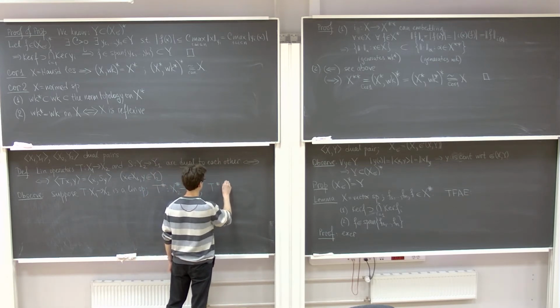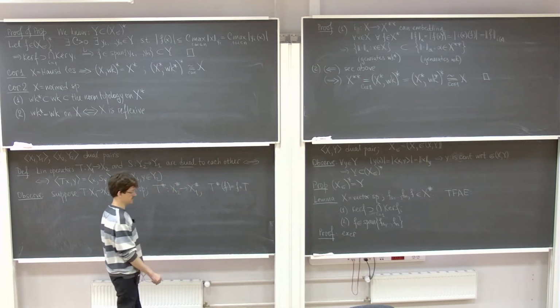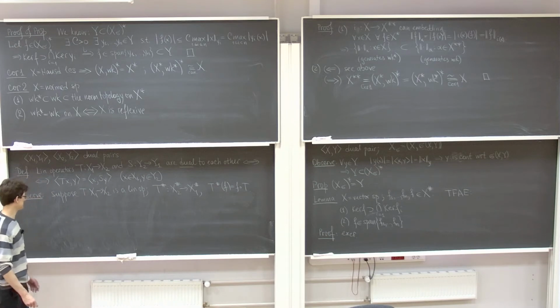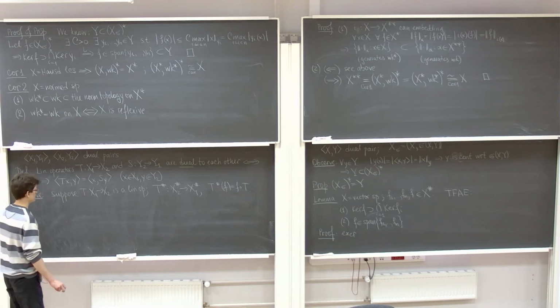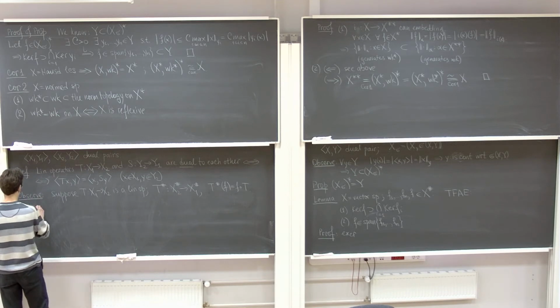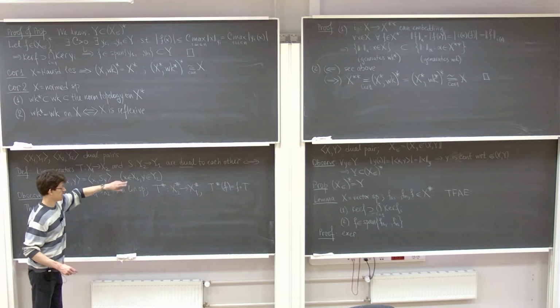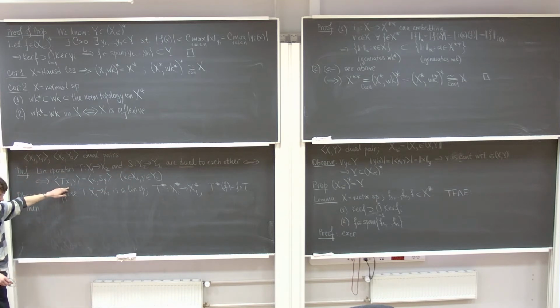It takes f to f composed with T. So this is the algebraic dual operator. Then there exists an operator S, which is dual to T in this sense.